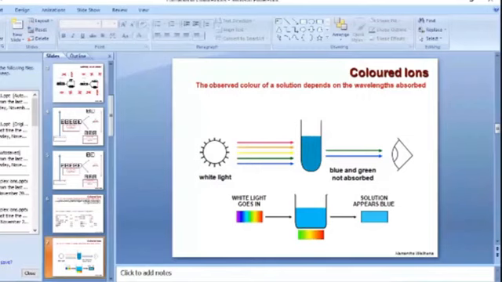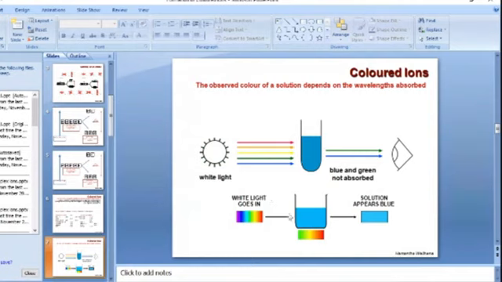So if you take normal white light that we are seeing, and our copper sulfate is blue, what you will be seeing is blue and probably green, which are not absorbed by the solution.